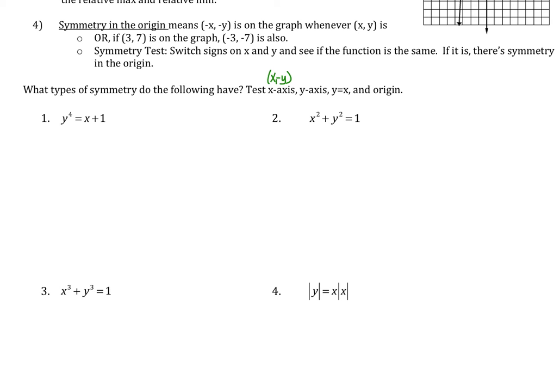When I test for symmetry in the y-axis, I plug in (-x, y). When we test in y equals x, I plug in (y, x). And when I test in the origin, I plug in (-x, -y).